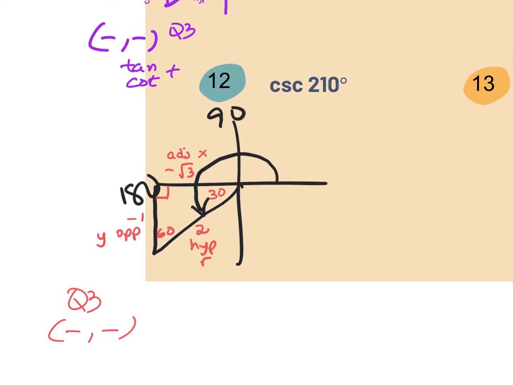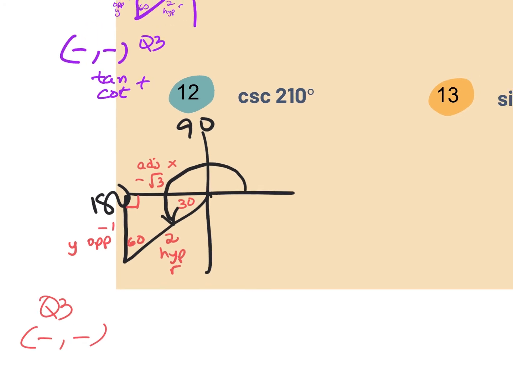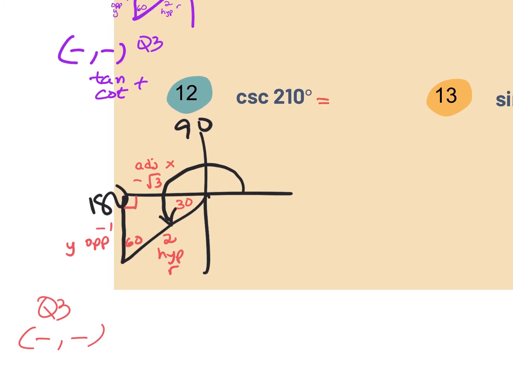Cosecant is the reciprocal of sine. So sine, you're memorizing as opposite over hypotenuse, so the reciprocal is hypotenuse over opposite, and r over y. So I'm just going to fill in those two numbers. The r is 2. The y is negative 1. So the cosecant of 210 is negative 2.